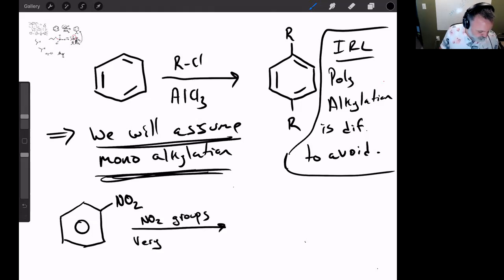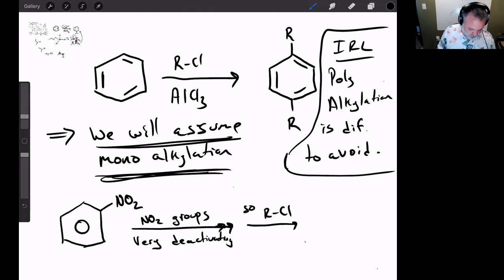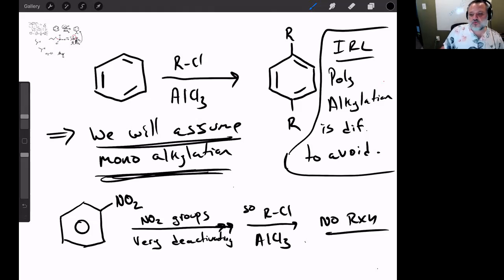And the nitro group is the most deactivating. We're going to get a lot further into activation and deactivation later. But the bottom line is that if you tried to do alkylation at this point, we see no reaction. So it means that it's deactivating for further EAS reactions, for further electrophilic aromatic substitution reactions.